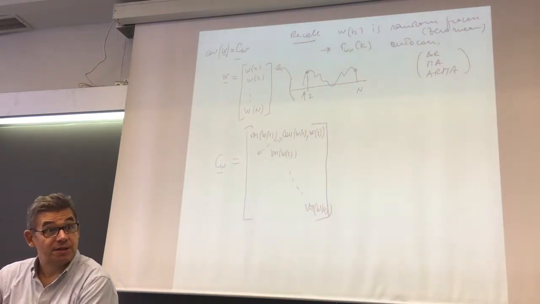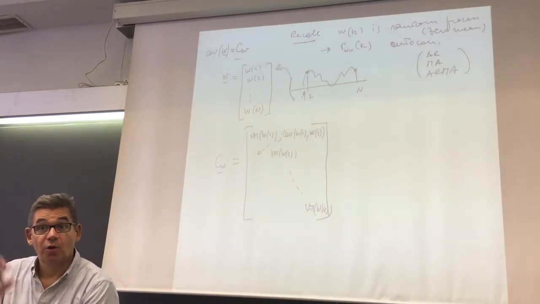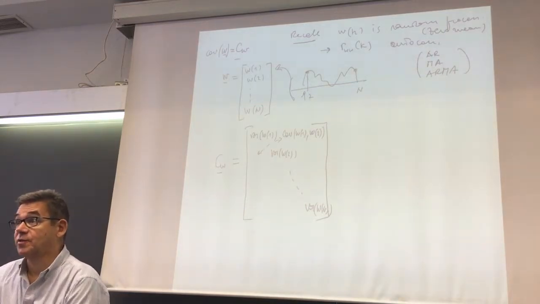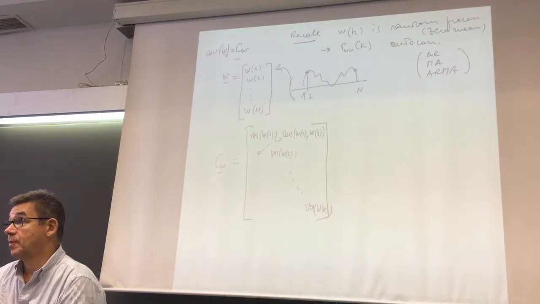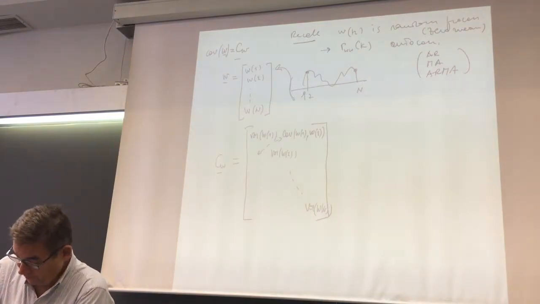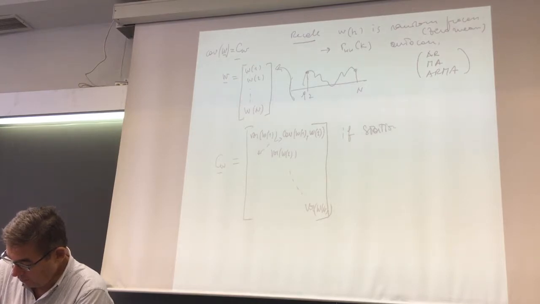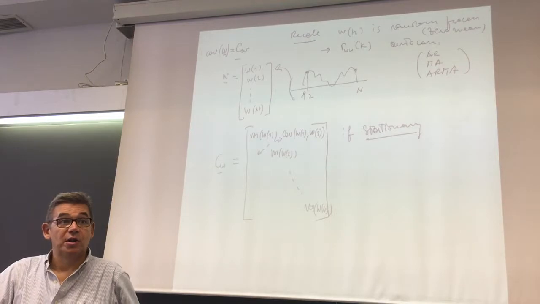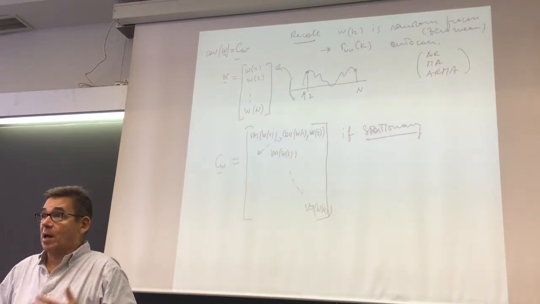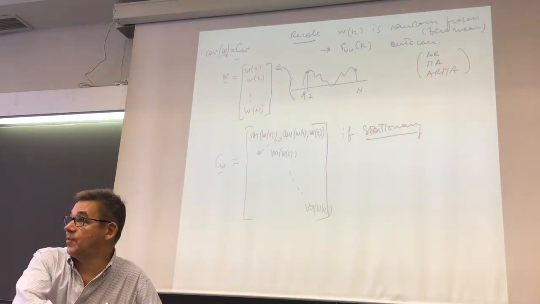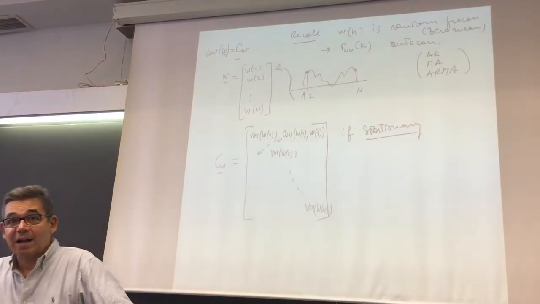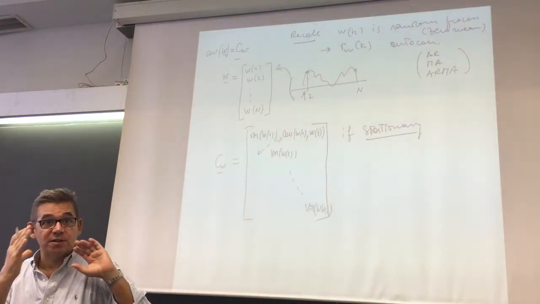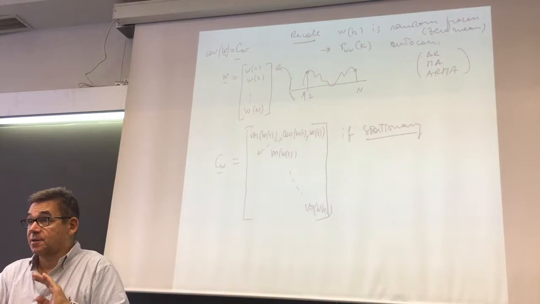Now, if the process is stationary, all these variances are the same. What does stationary mean? Stationary means that the variance is the same in sample 1, sample 2, sample 3, sample 4, sample 5, and the covariance between two samples depends just on the mutual distance.